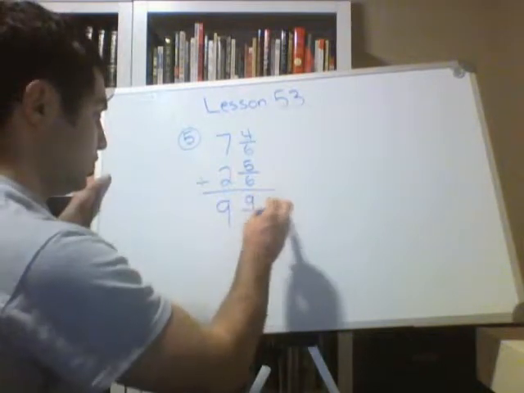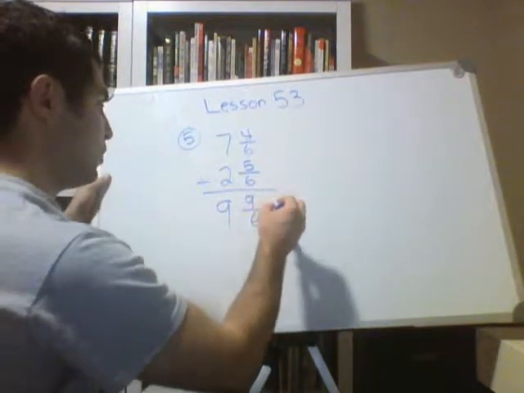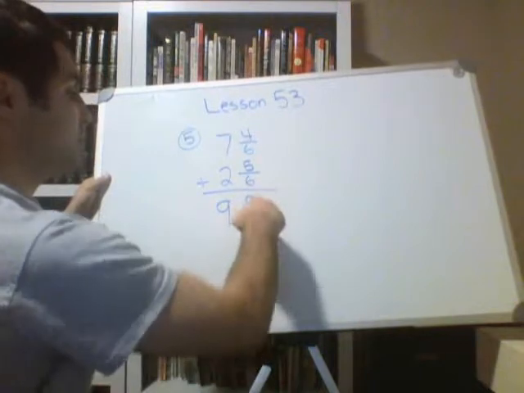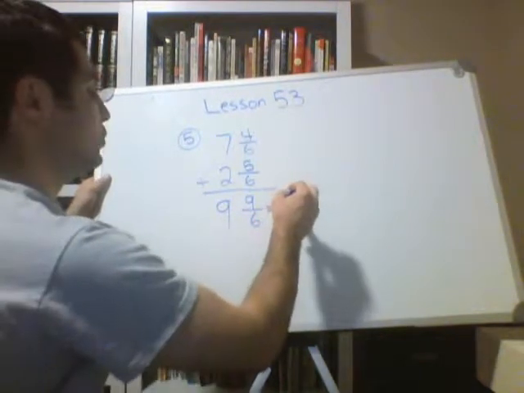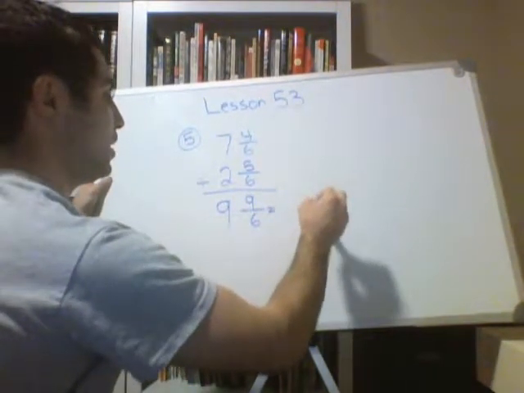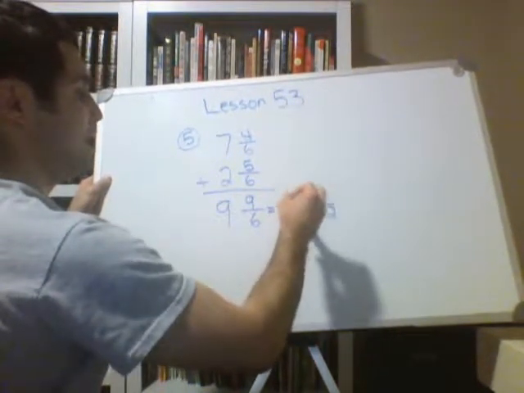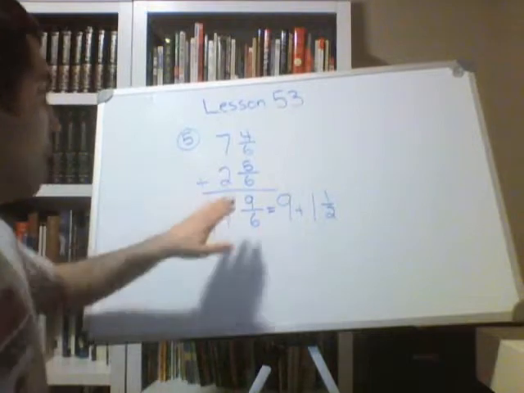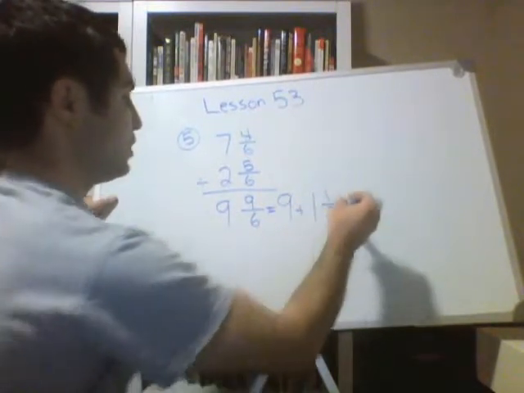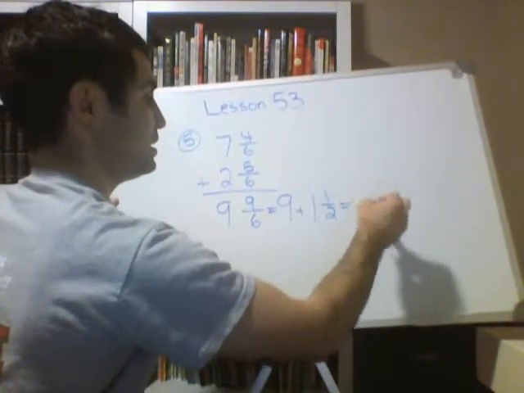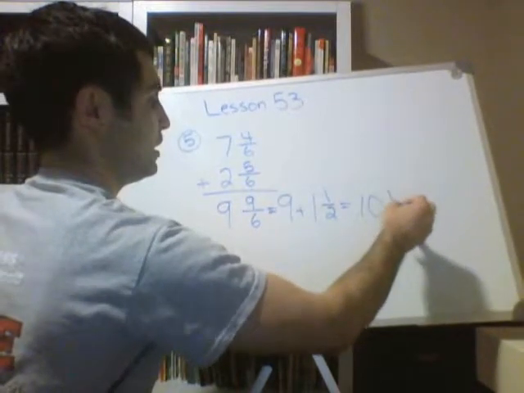So if I were to reduce and change this improper fraction to a proper fraction, you would have 1 and 1/2, but don't forget your whole number. So you have to add in your 9. The answer would end up being 10 and 1/2.